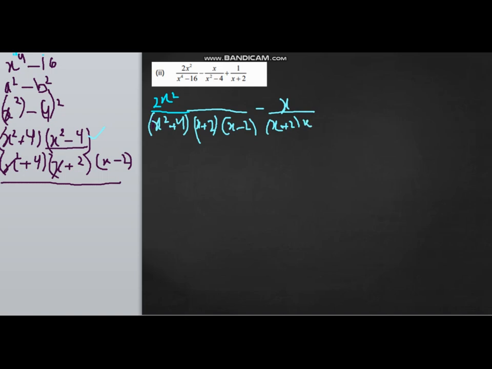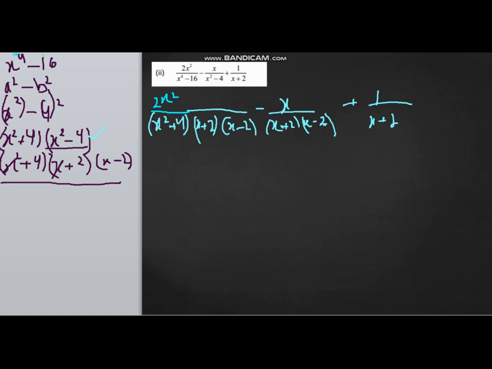And I don't see anything to be factorized with the last expression. Okay, we'll just write it down as it is. Now we need to see which fraction has which missing term.